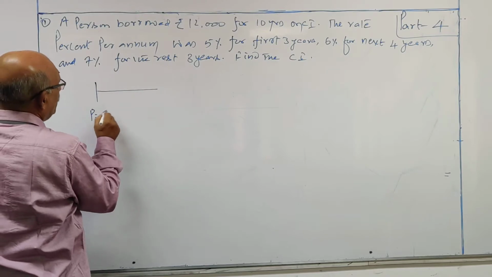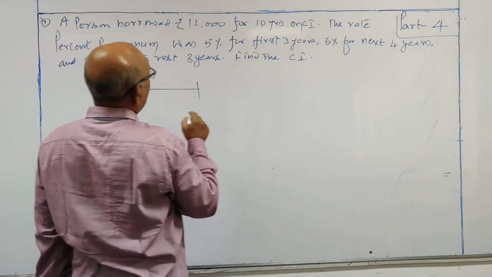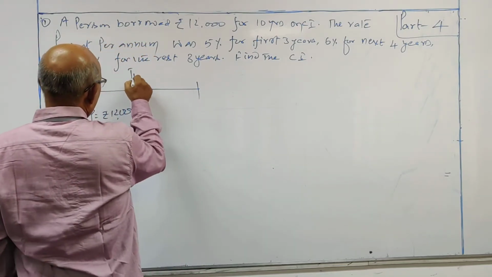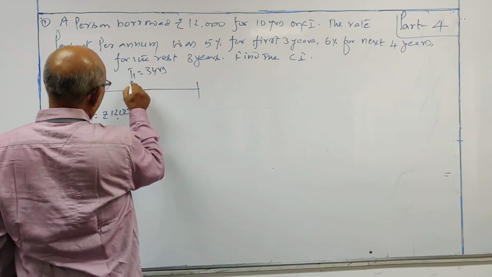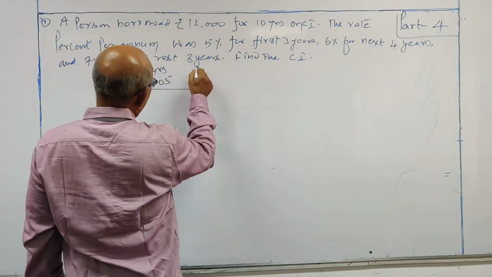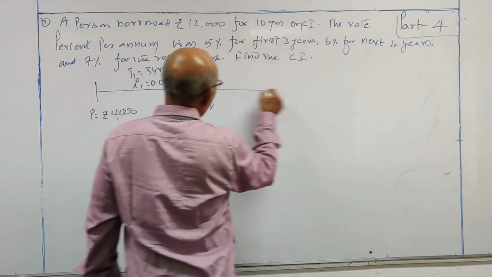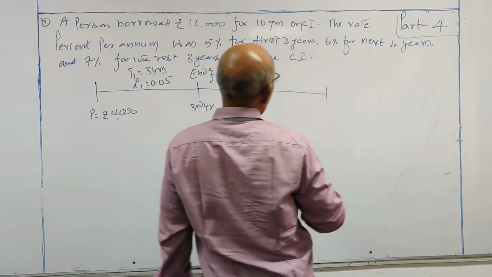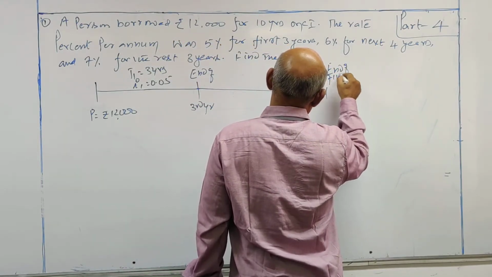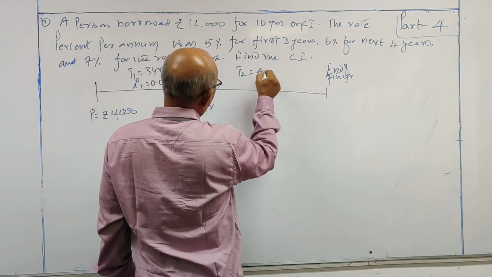Principal is equal to rupees 12,000. T1 is equal to 3 years. I1 is equal to 0.05. This is end of third year. Next 4 years means end of 7th year. T2 is equal to 4 years.